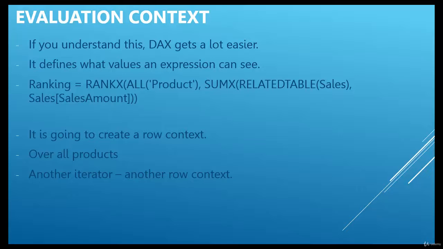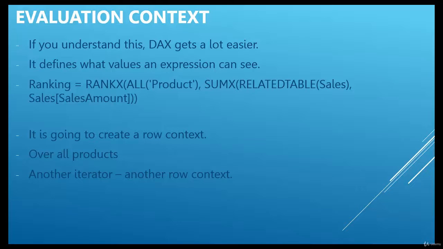So I've taken the same thing, and here I've used another iterator function, that is SUMX, because we are using this measure within the products table. We have to use the RELATEDTABLE function to create the relationship with the sales table.